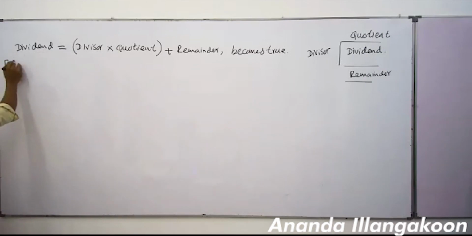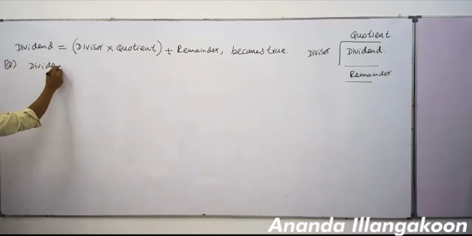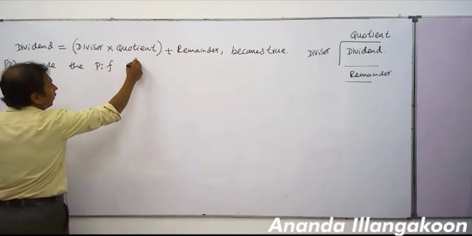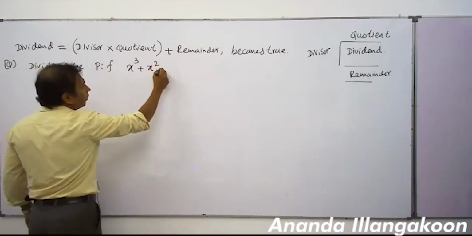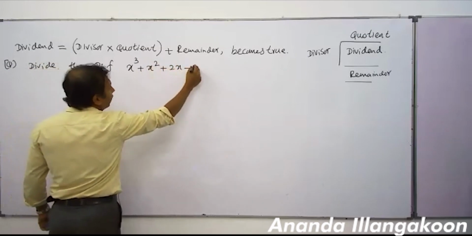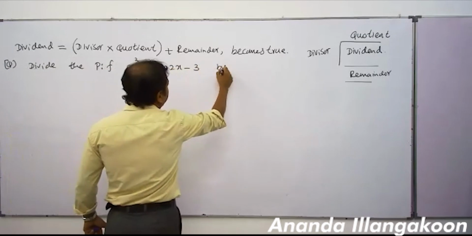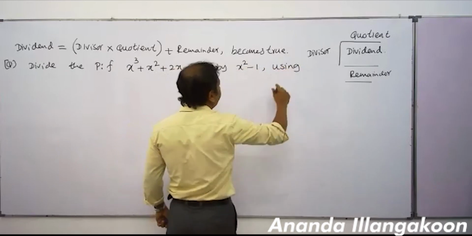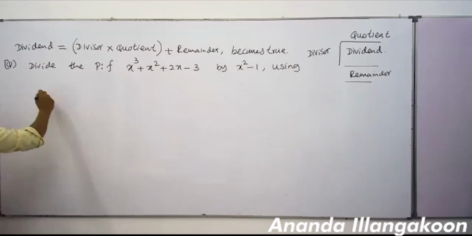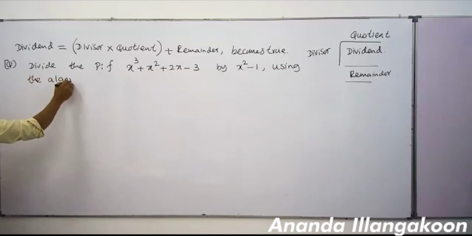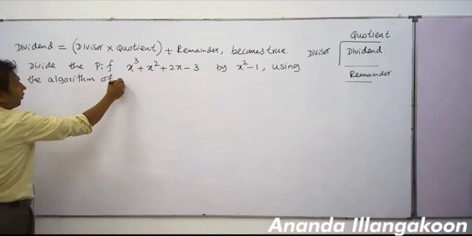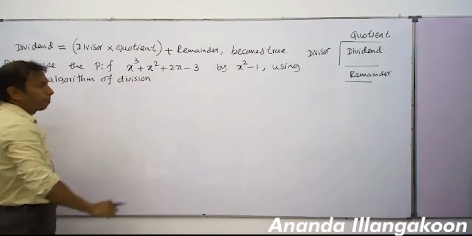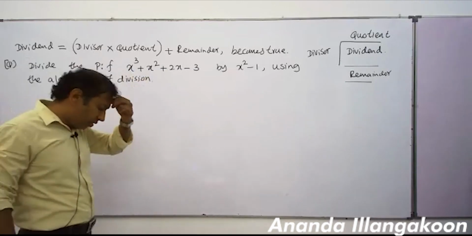As a question we'll write: divide the polynomial function x cubed plus x squared plus 2x minus 3 by x squared minus 1 using the algorithm of division.